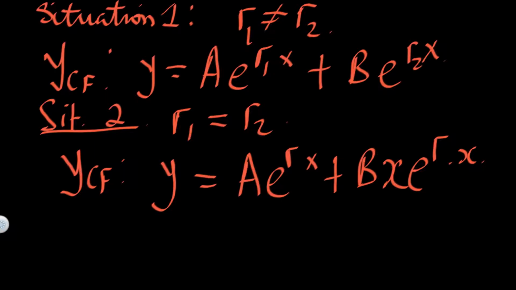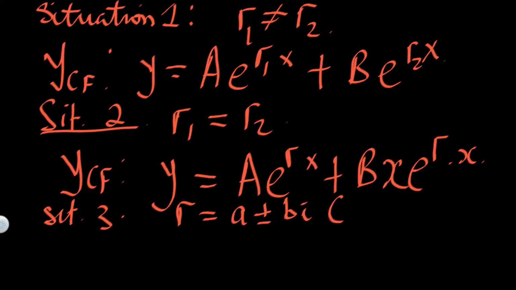The third situation, situation number 3, is when we have r equals a plus or minus bi. In essence, these are non-real, or what we call imaginary numbers. So if we solve our auxiliary equation and the solutions of that quadratic equation are non-real, in this case this small letter a is a constant, and b is also a constant.